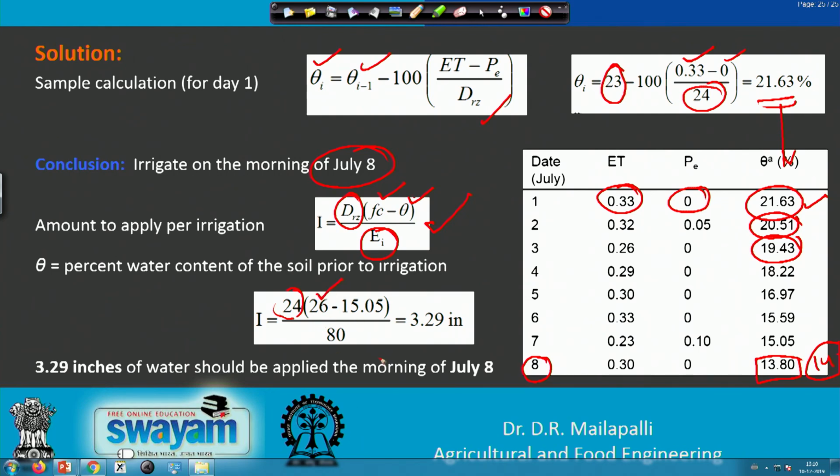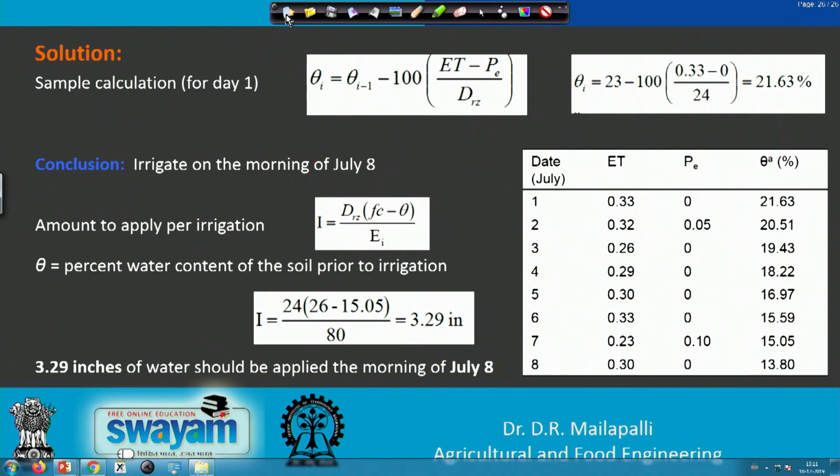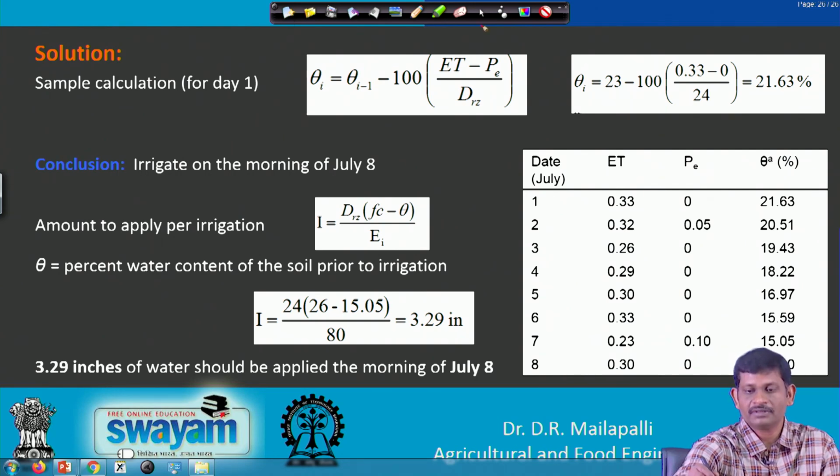For the previous day we have 15.05, divided by 80% application efficiency, and you get 3.29 inches of irrigation water that you need to apply in the morning of July 8th. This way we estimate the time of irrigation as well as the amount of water required.